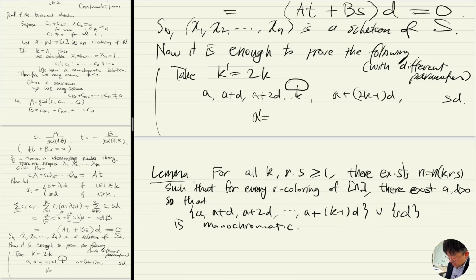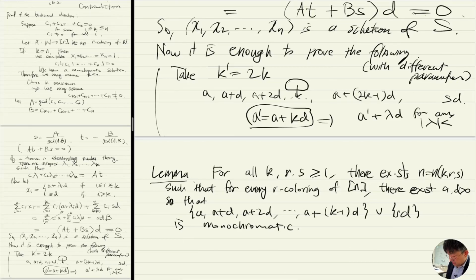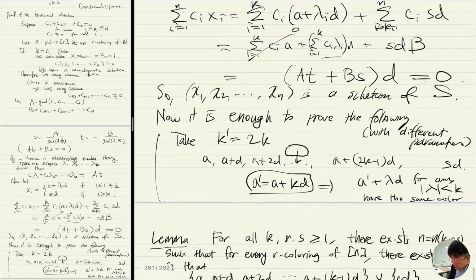Let's say a prime is a plus k d, right? Then a prime plus any lambda d for any lambda less than or equal to, let's say, k, have the same color, right?